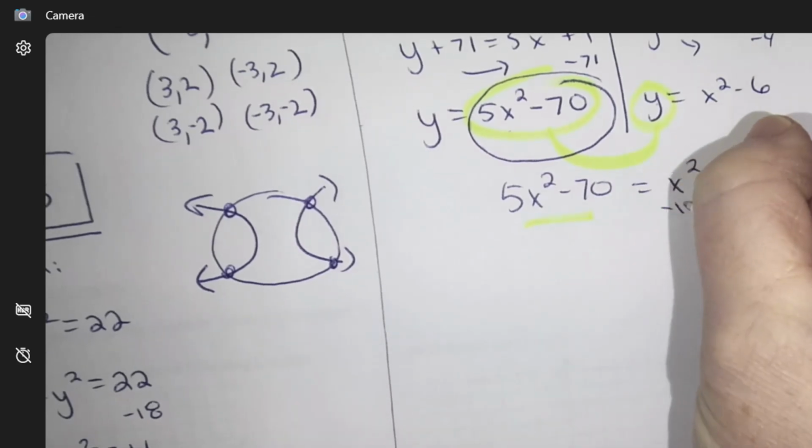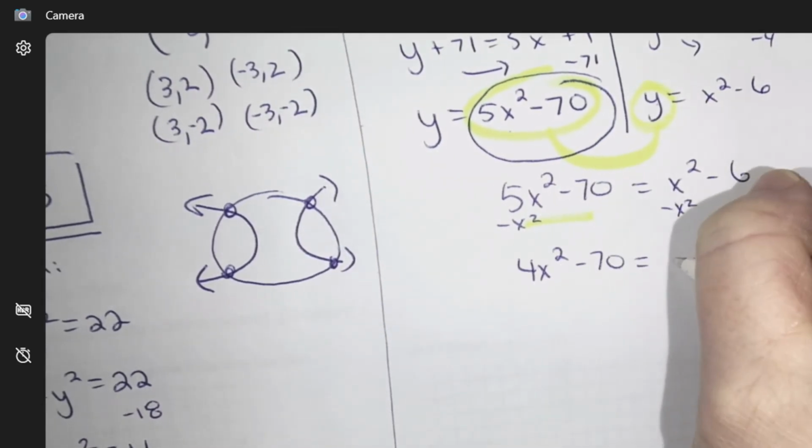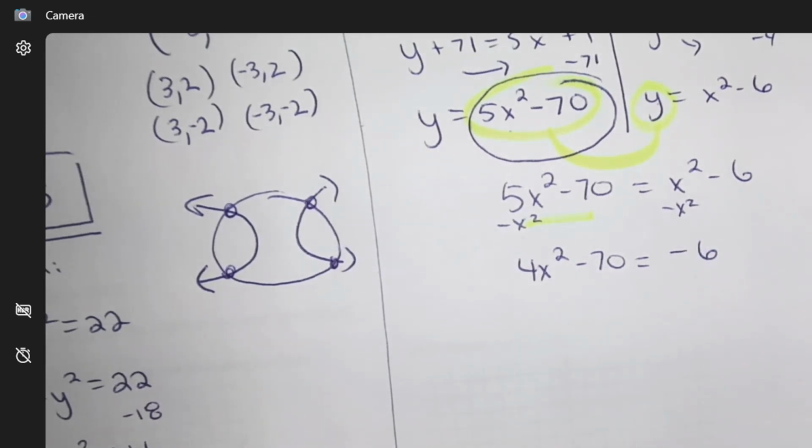So I'm going to go minus x squared as a first collection. Collect like terms. I'm going to do an add 70.